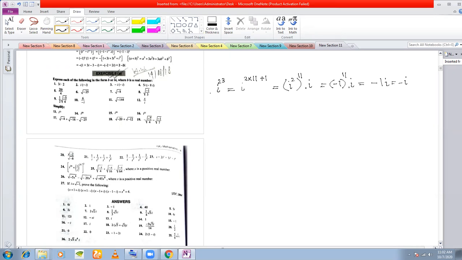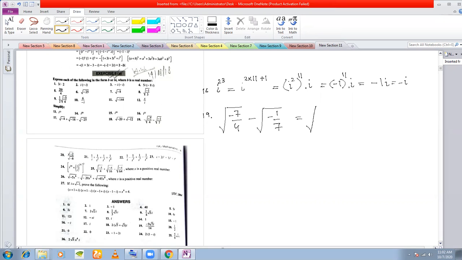Now look at number 19. This was number 16, I guess. Look at number 19. In number 19, you have square root of minus 7 by 4 minus root over of minus 1 by 7. Okay. So how do you deal with this?